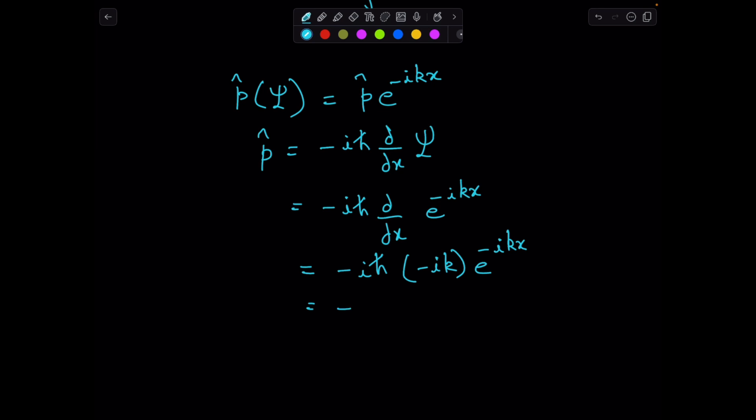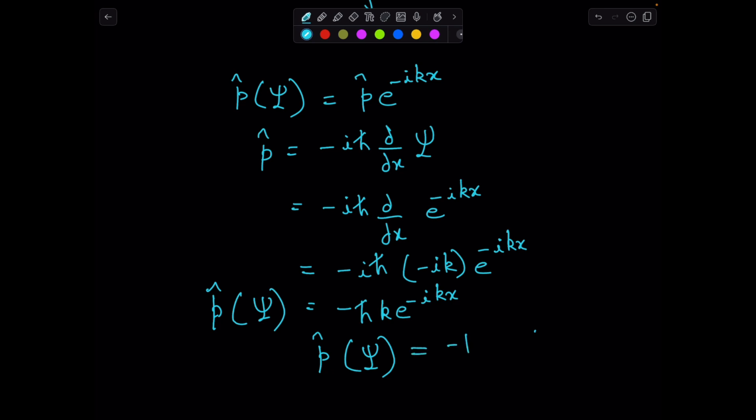We get minus h cross k e power minus ikx. Again, this is of the form the linear momentum on the wave function, giving us a constant times the wave function. So this is an eigenfunction.